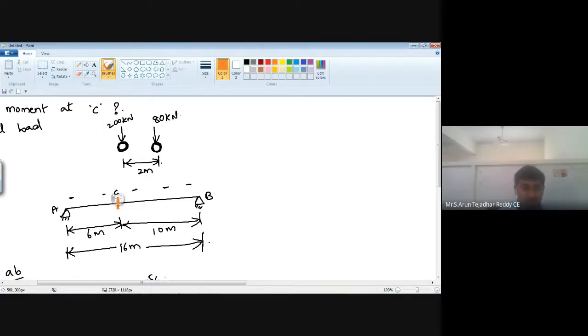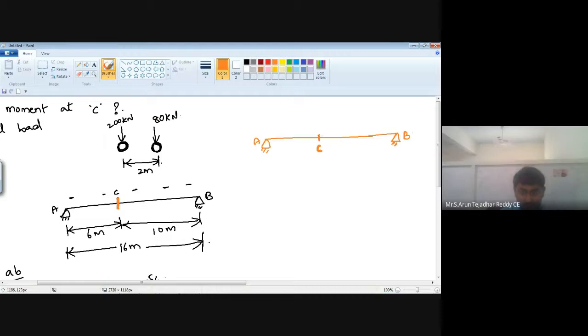So our wheel load, whatever the maximum wheel load given in the problem, that maximum wheel load is located at this point only. See, I will show you clearly. This is A, this is B, and here it is C. Okay, and 200 kilonewton, 80 kilonewton with a distance of 2 meter.